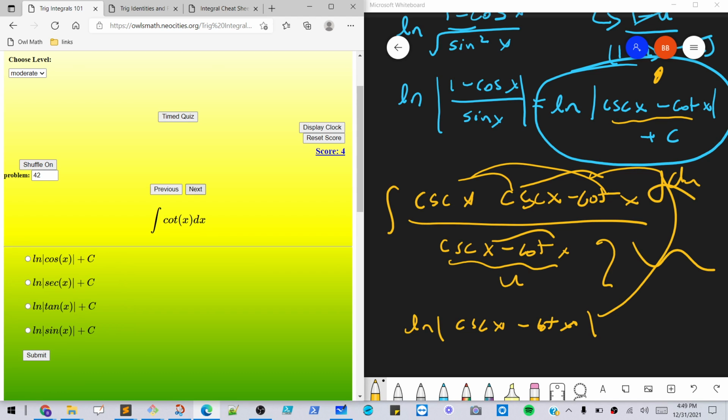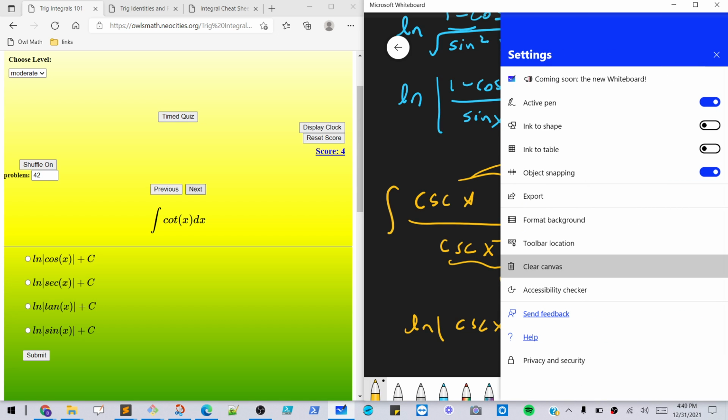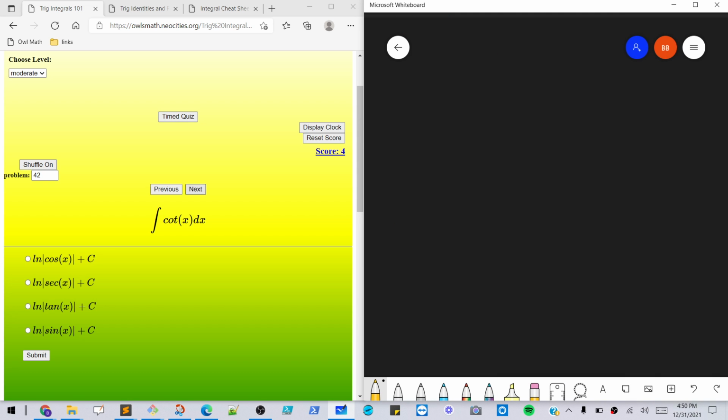Next question, we did four. Okay, cotangent. This is not too bad. Integral of cotangent x dx. What I'll do here is write it in terms of cosines and sines. So this is the same thing as cosine over sine.